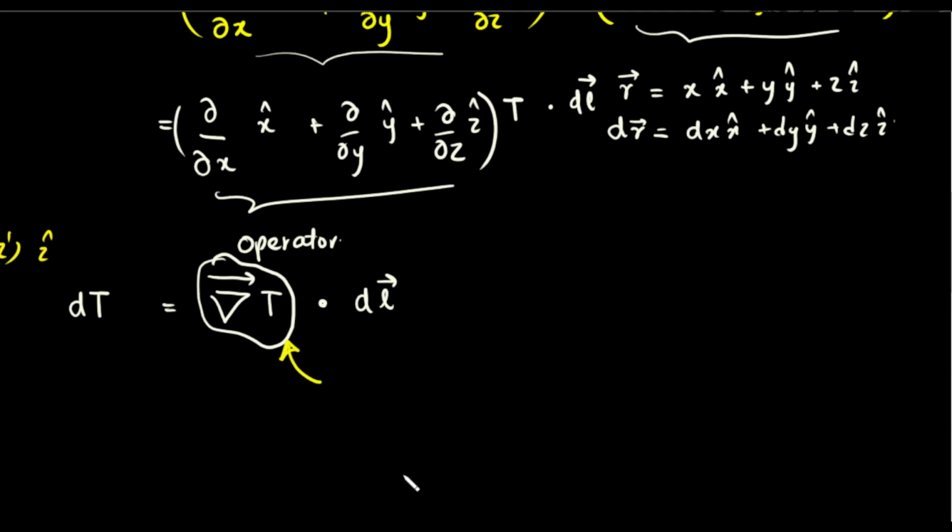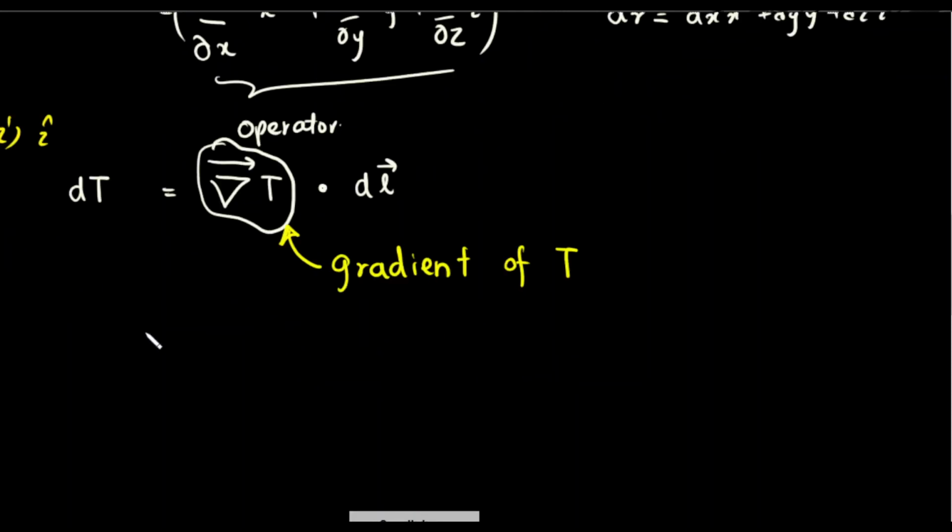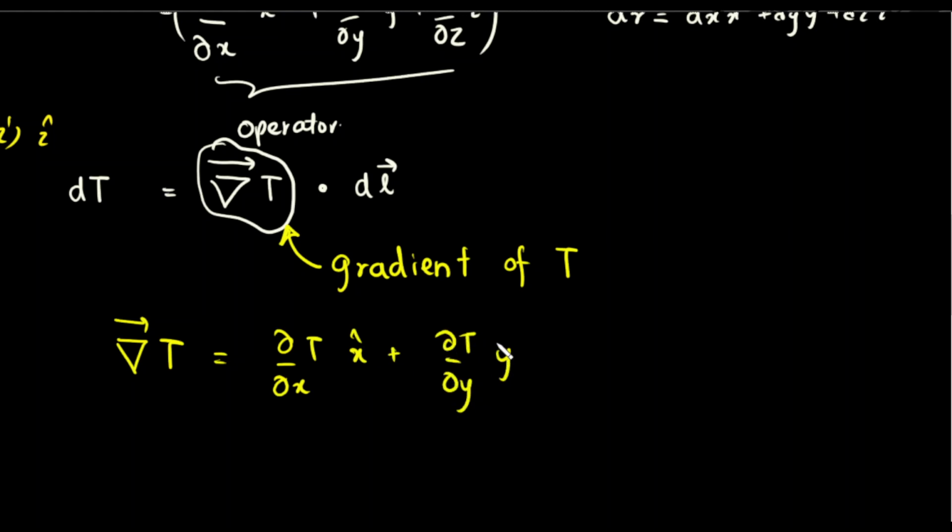Now when we come back to del T, the del operator on T, this term has a special name. This is called the gradient of the scalar, the gradient of T, because we are considering the scalar as T. This is the definition of the gradient of T. When we have a scalar, the gradient of T can be represented as ∂T/∂x x hat plus ∂T/∂y y hat plus ∂T/∂z z hat.